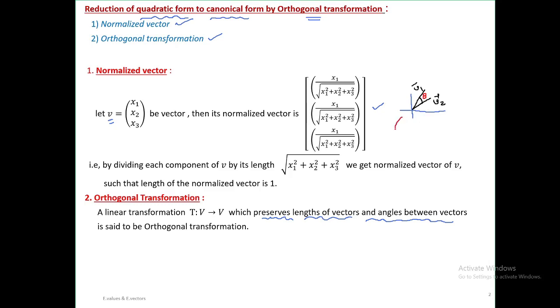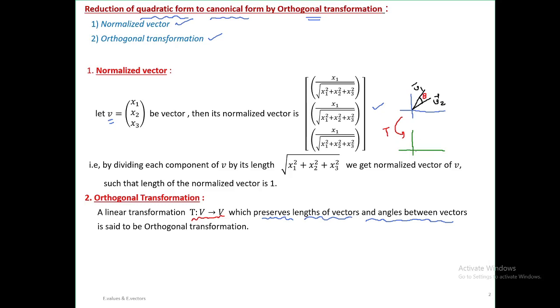After transforming through the transformation T from V to V, I am transforming by some matrices or multipliers, whatever. Just transforming those vectors.